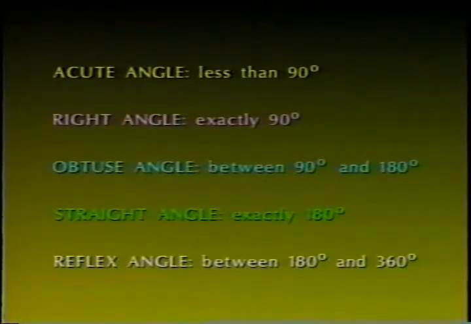As shown, angles are classified as acute, less than 90 degrees, right, exactly 90 degrees, obtuse, between 90 and 180 degrees, straight, exactly 180 degrees, reflex, between 180 and 360 degrees.